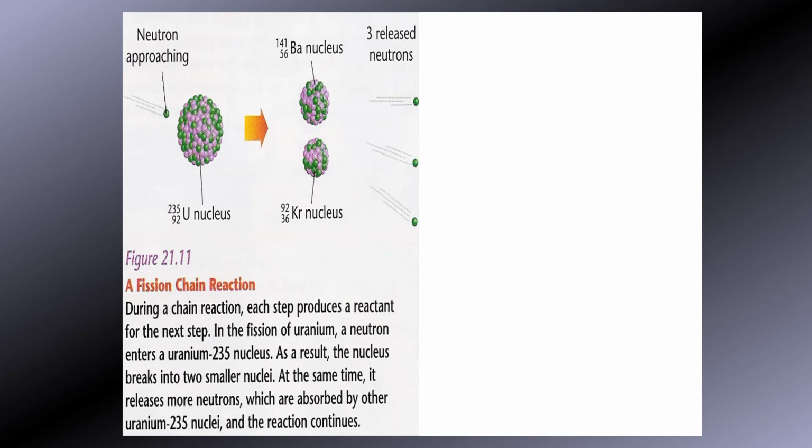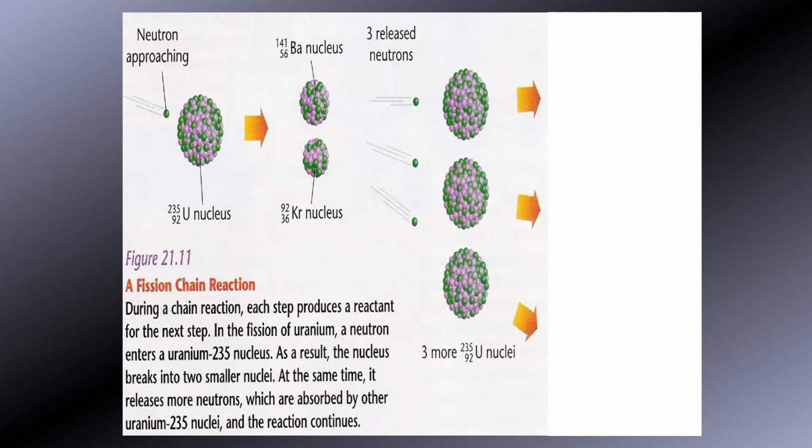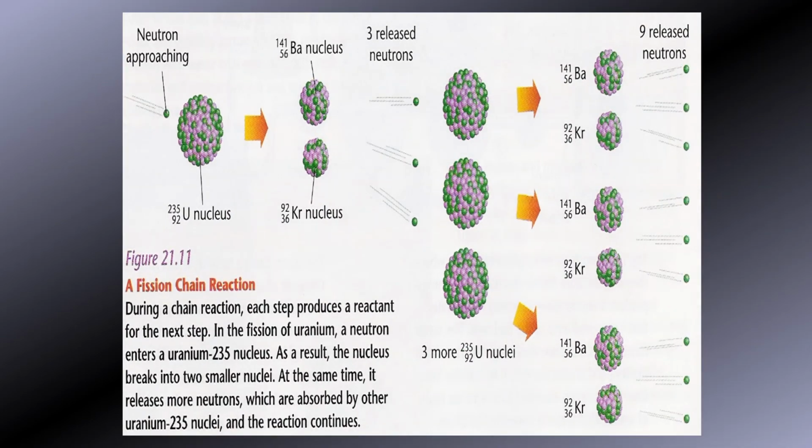Now, those three neutrons will be absorbed by three other uranium-235 isotopes. And then all three of those uranium-235 isotopes will split into barium-141 and krypton-92, and then they will release three other neutrons again.